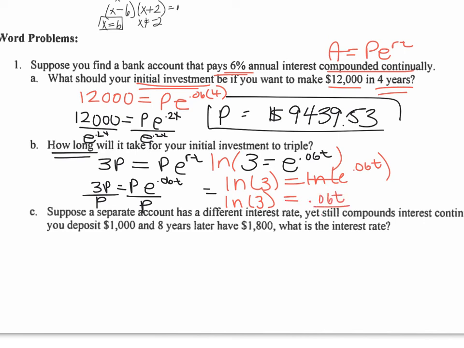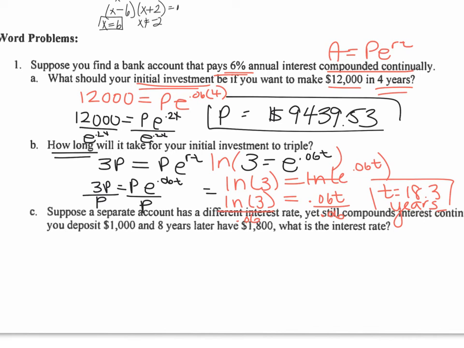Now I'm going to divide by 0.06. In my calculator, I'm going to type in ln of 3 divided by 0.06. t is 18.3. So in about 18 years, I expect my initial investment to triple.